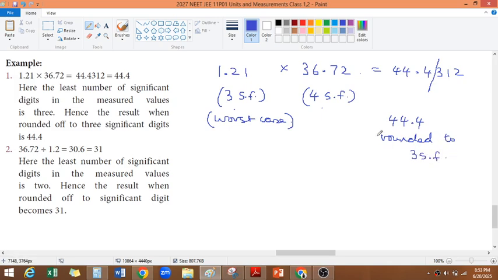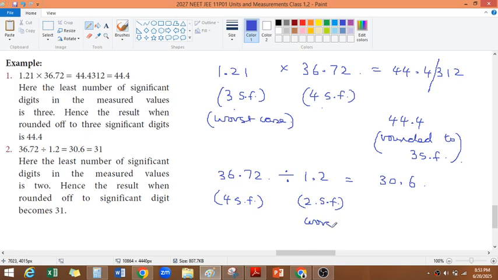Decimal point is dp, significant figures is s.f. Do the same thing here. 36.72 divided by 1.2. They found it as 30.6. Here you have 4 significant figures. Here you have 2 significant figures. That means my worst case is this one.